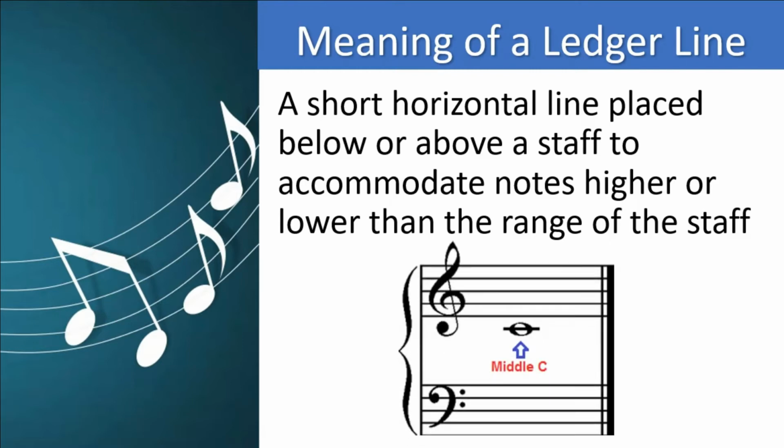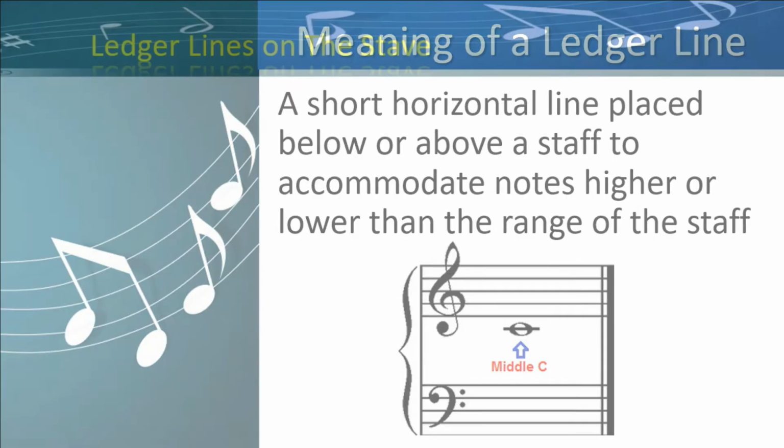On the grand staff, as we can see on the screen, we have a ledger line between the treble staff and the bass staff, and that ledger line is actually middle C. That should be a reference point from where we can find every other ledger line on the staff.